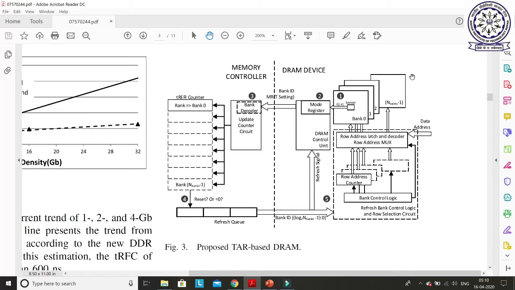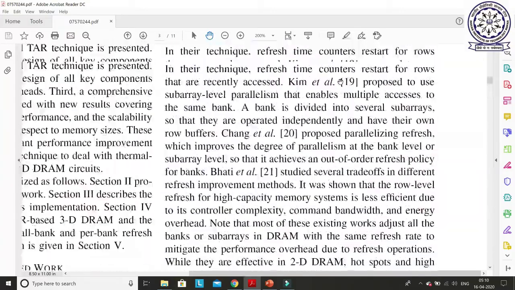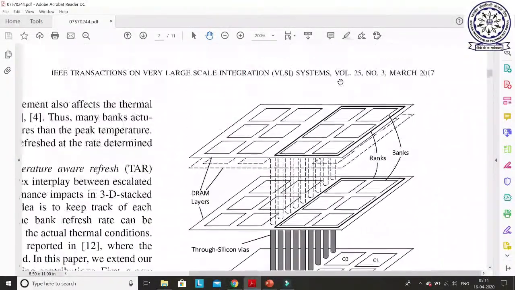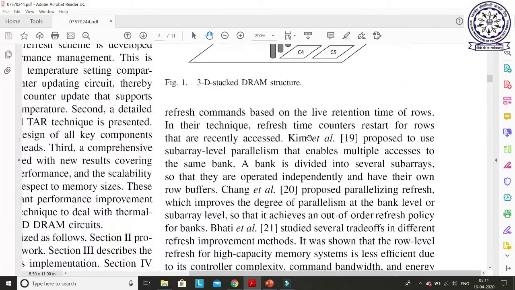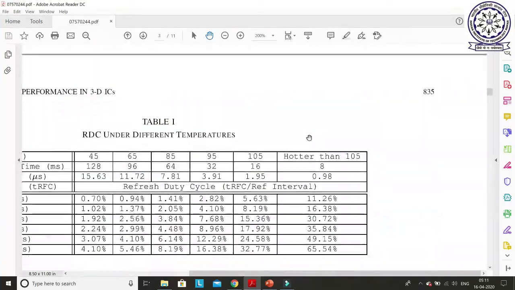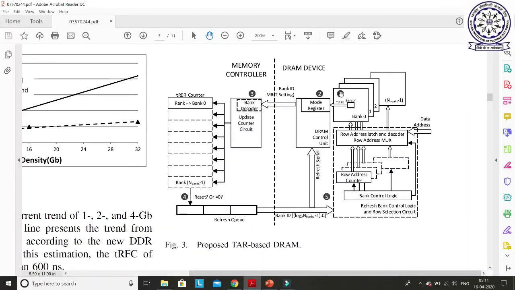But for this particular design, in the upper diagram, in each chip there is only one bank. So a collection of banks can be considered as a rank here. This diagram is the complete architectural design of TAR. So these collections of banks you can consider as a rank. Now, how can they perform the concept of TAR?